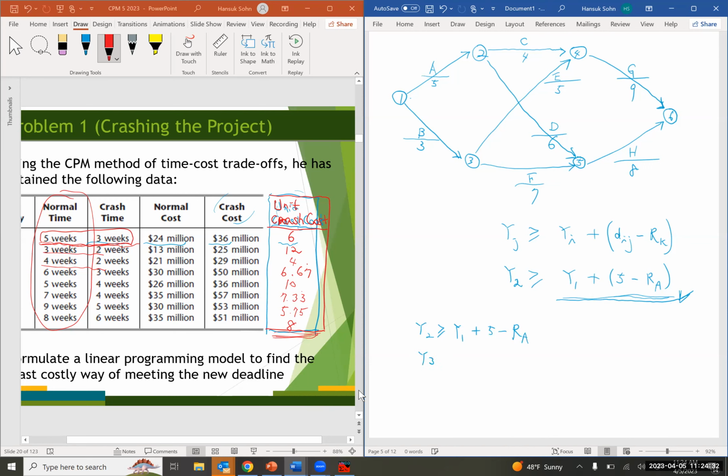Y sub 3 greater than or equal to y sub 1 plus 3 minus r sub b, right?